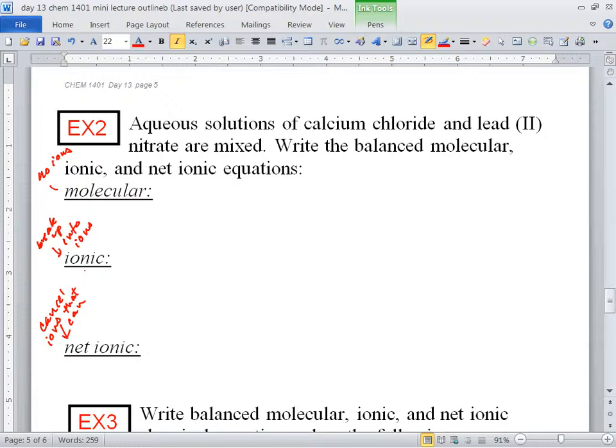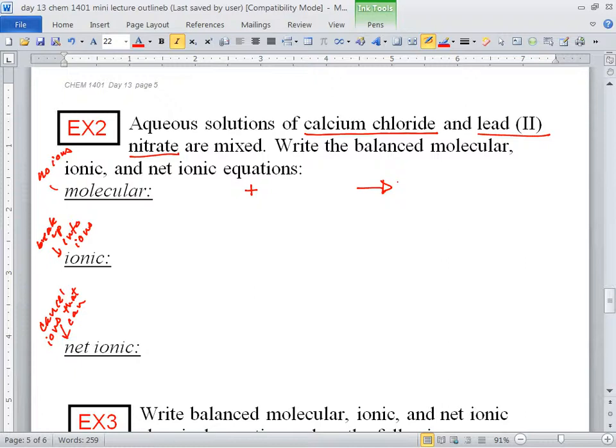And a lot of it's going to look like this. We're adding aqueous solutions of calcium chloride and lead 2 nitrate are mixed. Balanced molecular, ionic and net ionic equations. So we're mixing 2 things, and then we're going to get a product. So this is how I start out.